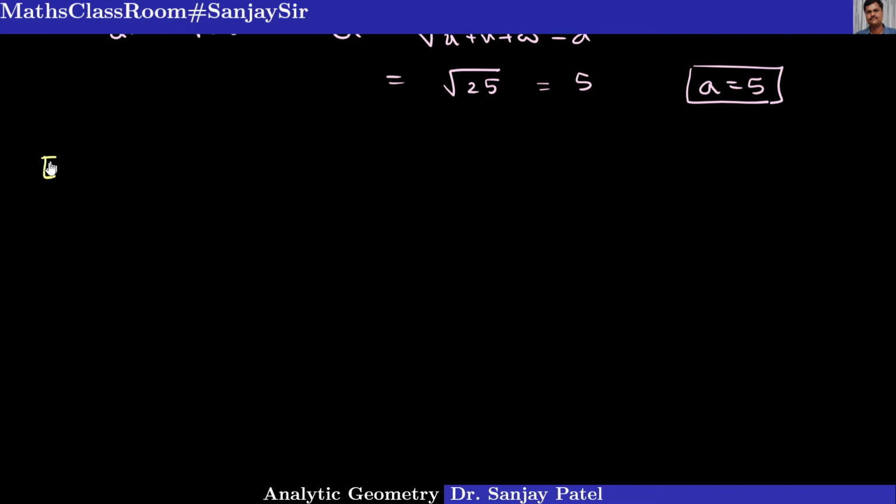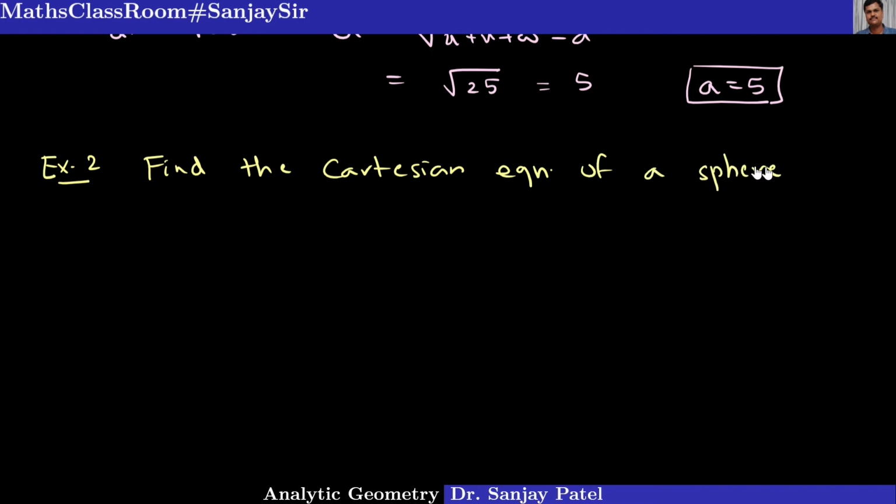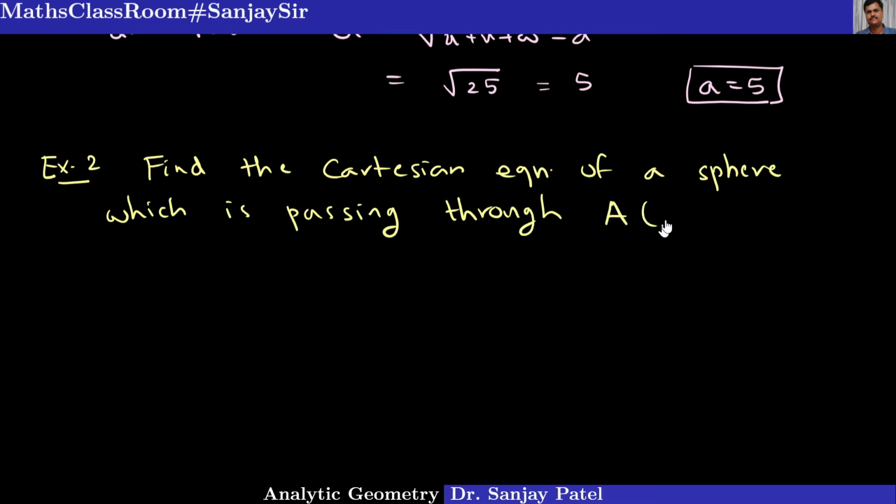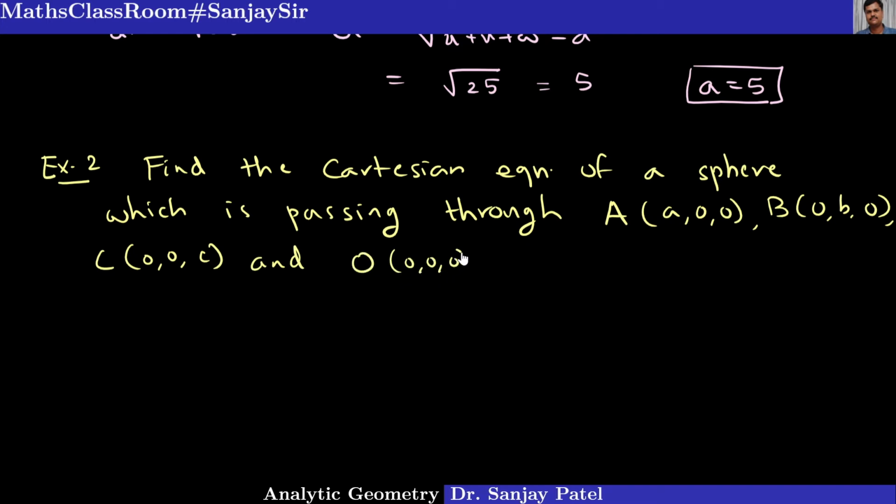So second example, example 2: find the Cartesian equation of a sphere which is passing through the points A(a, 0, 0), B(0, b, 0), C(0, 0, c), and the origin (0, 0, 0).